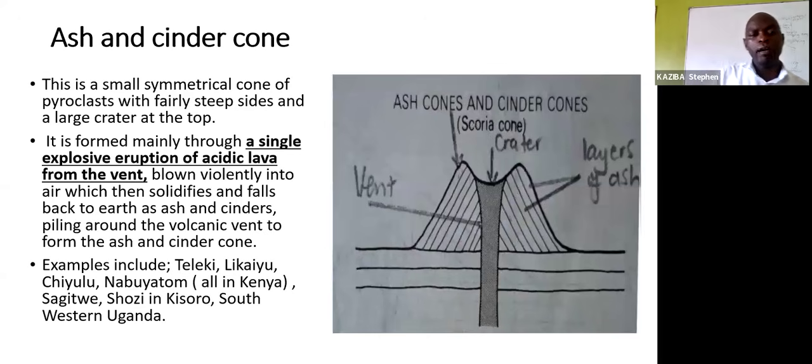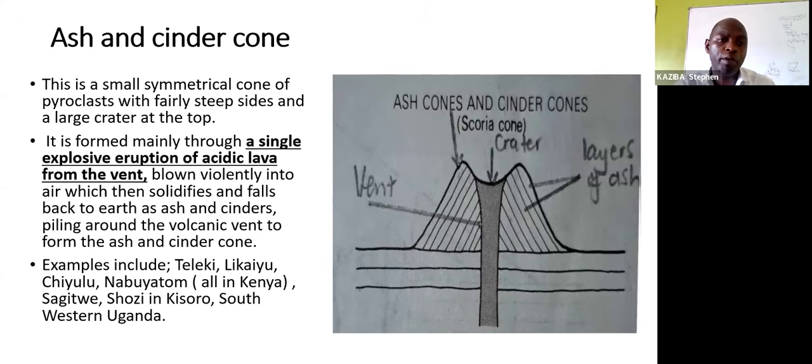Then you go to the next landform, which is ash and cinder cones. Now, ash and cinder cones, I told you, begin by describing. So when they are marking, you identify ash and cinder cones. You describe: these are small symmetrical cones of pyroclasts with fairly steep sides and a large crater at the top. How are they formed?